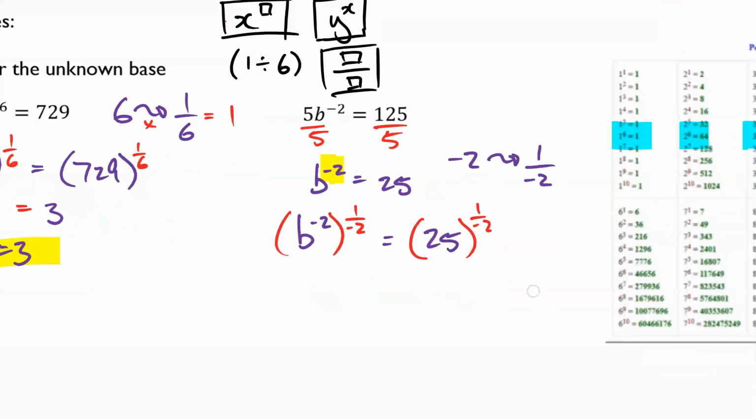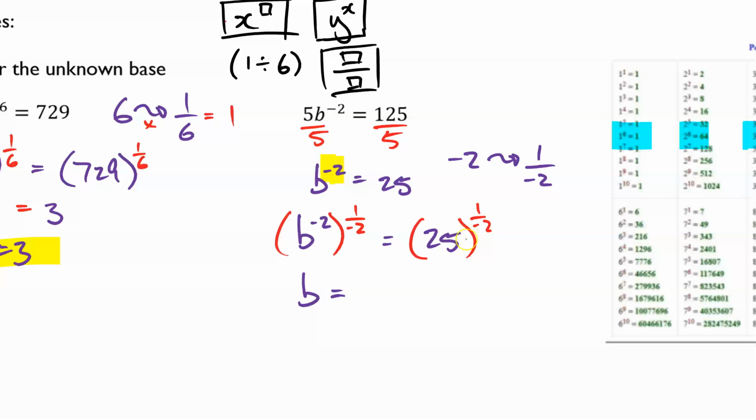You're going to see that, again, the left side here, this is negative 2 times 1 over negative 2, right? And if you multiply, this is negative 2 times 1, and the bottom it'd be 1 times negative 2. It'd be negative 2 divided by negative 2, which is positive 1, giving us the base on its own, which is what we want, because we want to know what that base is.